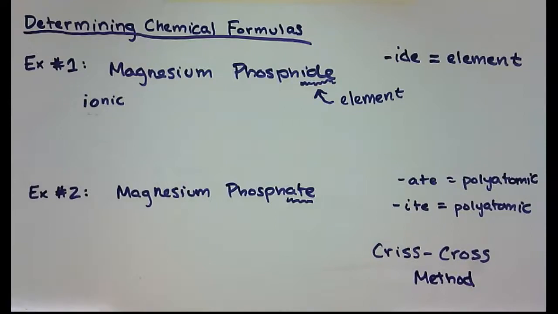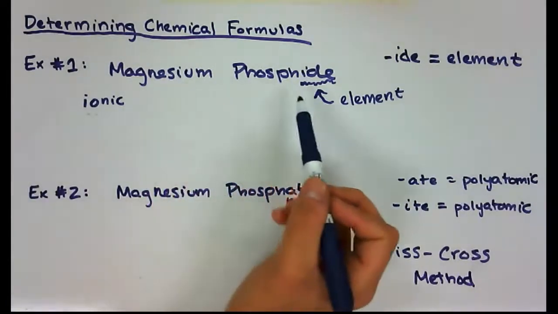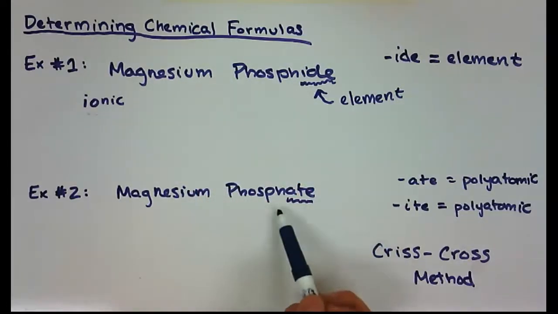In the crisscross method, we start out by writing the ion forms of the elements or the polyatomic ions that we have, and then we cross the charges down in order to get a balanced chemical formula that has a neutral charge. The whole point of chemical bonding is for things to become more stable.